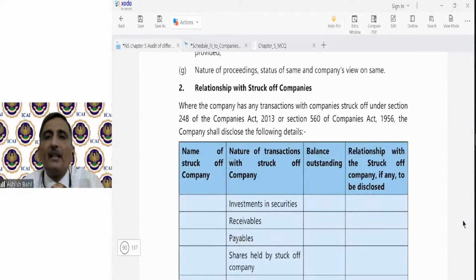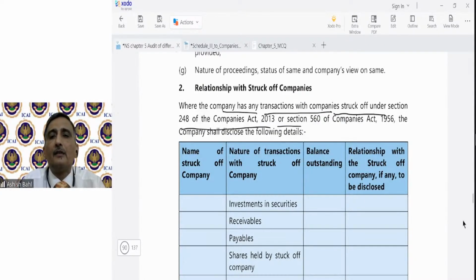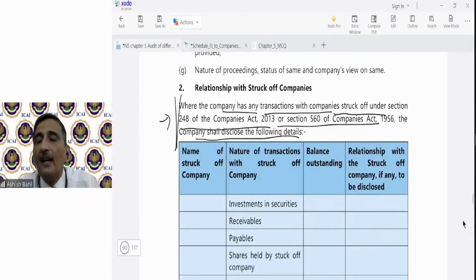Relationship with struck off companies. So students, ROC, registrar of companies, has a power to strike off the name of a company under certain circumstances. Say if the company has not been able to carry on its business for a specified period of time, it has not been able to start its business, or if say after physical verification the ROC finds that the address at which the company is registered is fake, the company does not exist at that address.